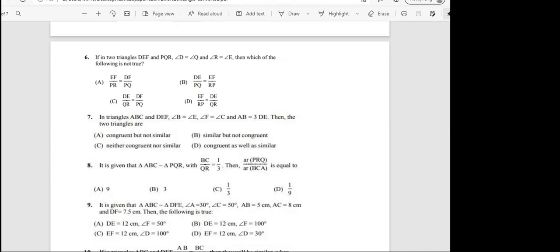Question number 6. Tanishka and Asida, we are doing this similarities, or we can say triangles chapter. So please, here we have question number 6. So please solve this question.